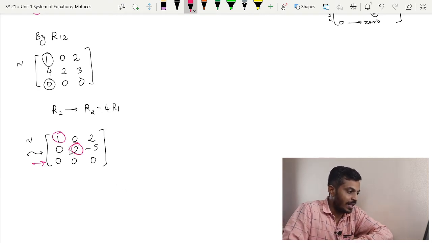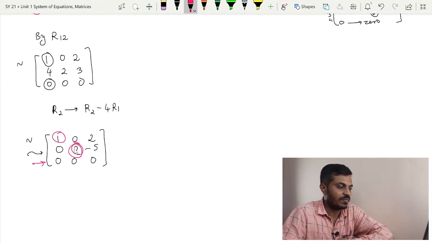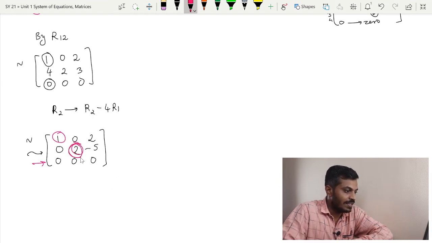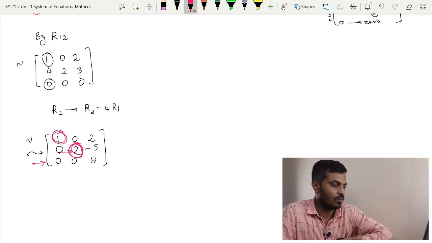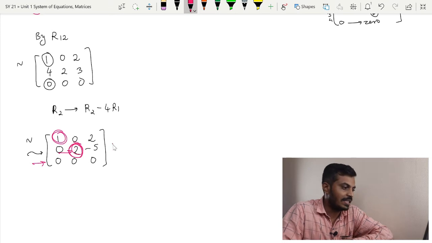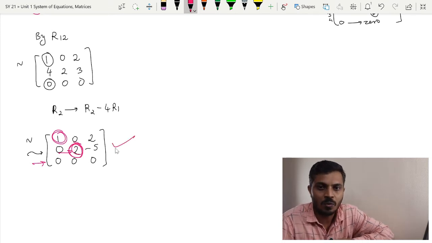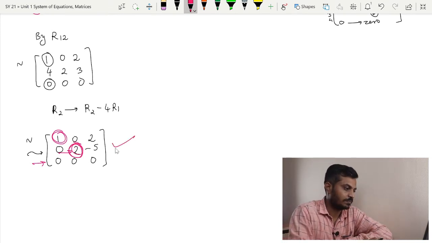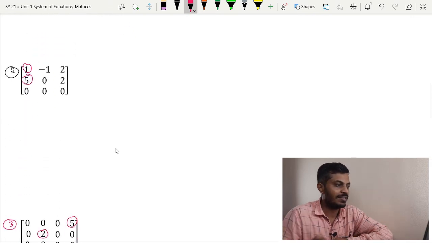That condition starts from the second row. You can see this is the leading coefficient, and it is already on the right hand side of the leading coefficient of the previous row, which is 1. So, this matrix is in echelon form and our job is over for this example.